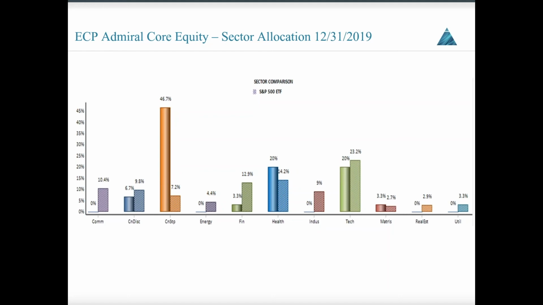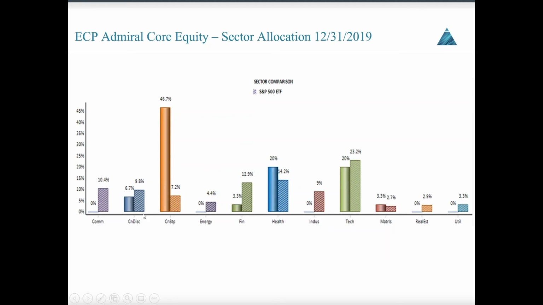I don't go out and say, okay, it has to be consumer staples because one would think that those are the names that are going to hold up the best. No, I do this after the Admiral portfolio is constructed. Then I run it through the sector comparison to look at the results. And this is what we get, okay?